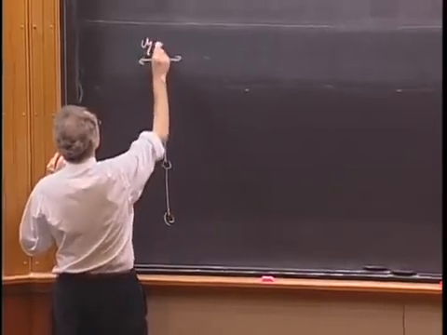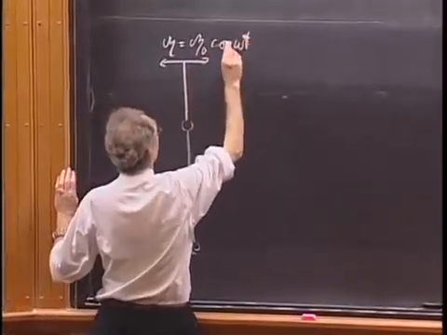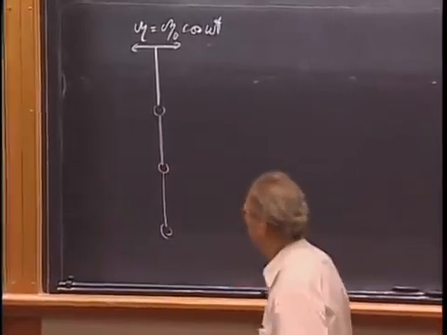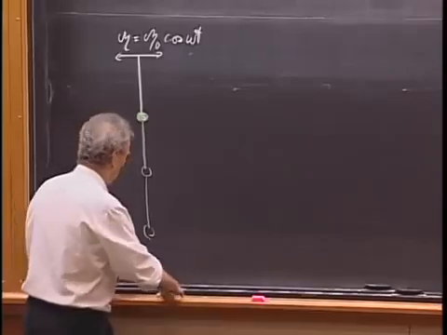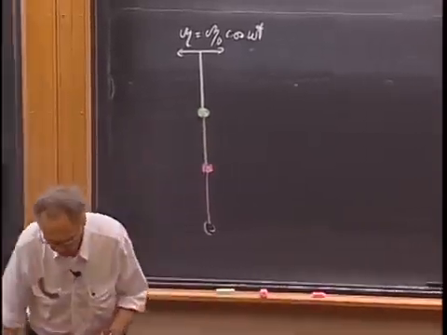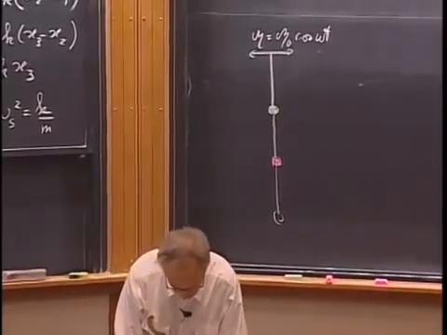Eta equals eta 0 times the cosine of omega t. The top one is going to be green. The middle one is going to be red. And the bottom one is going to be blue, even though it may look black there. I'll make it blue.